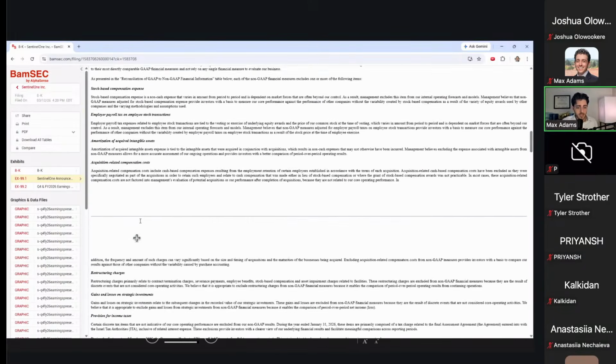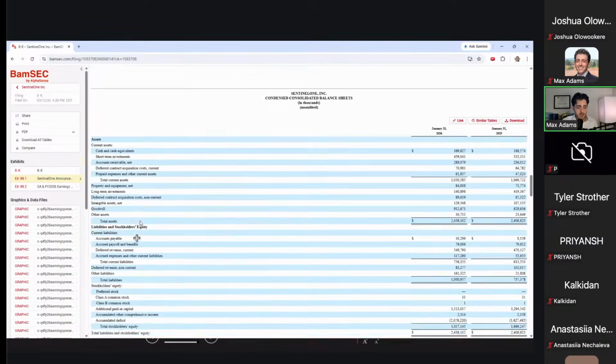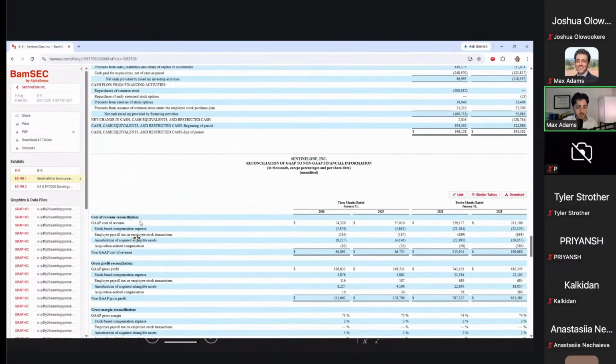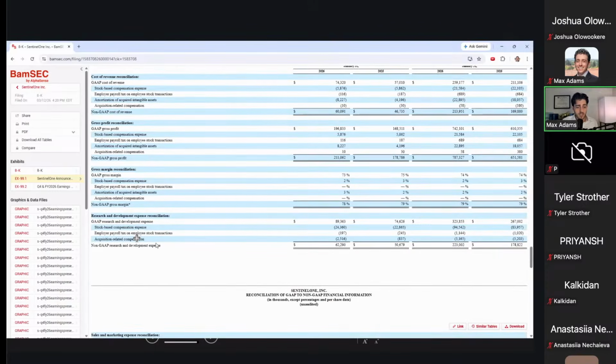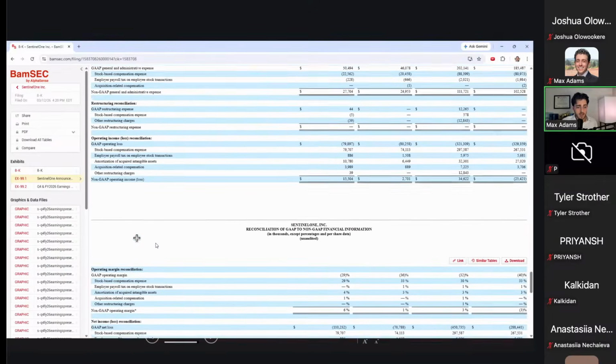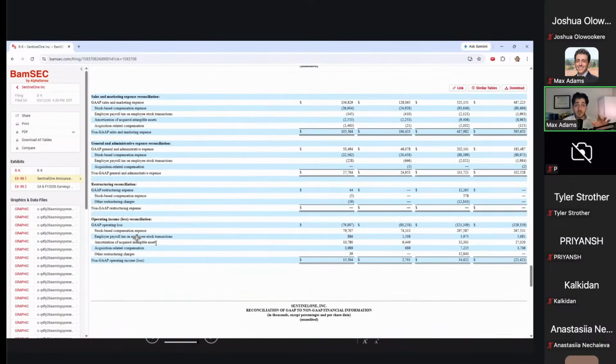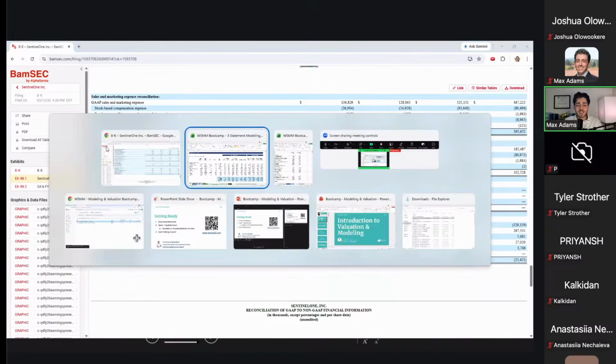Let's see if they have non-GAAP reconciliations down here. They've got the financial statements, great, yada, yada, yada. And then they've got this whole section on non-GAAP COGS and non-GAAP gross profit and non-GAAP R&D and non-GAAP EBITDA and things like that. That's really important. We totally glossed over that today, but the 8K will give you non-GAAP accounting expenses. Okay, so that was a nice tangent.